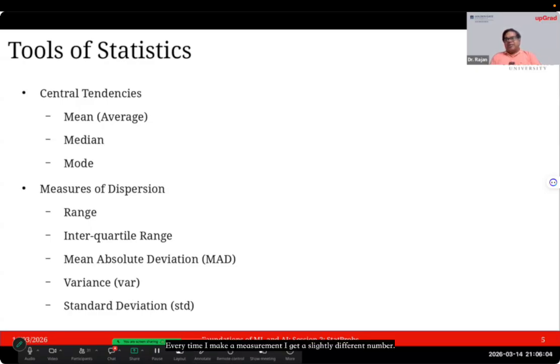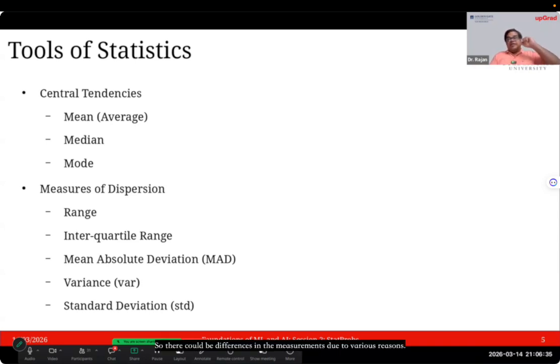Every time I make a measurement, I get a slightly different number. Sometimes I get 173.2. Other time I get 169.7. That's one thing. I make a measurement, I get 173 centimeters. Somebody else, okay, Niaz makes a measurement, he gets 174 centimeters. Another person, Sam, measures, he gets 169.